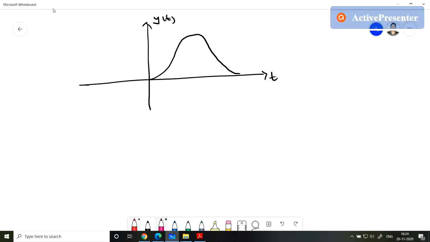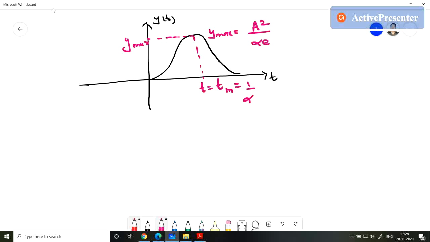At t equal to t_m, which is 1 divided by alpha, the value of y(t) is y max, and this y max is equal to a square divided by alpha e.